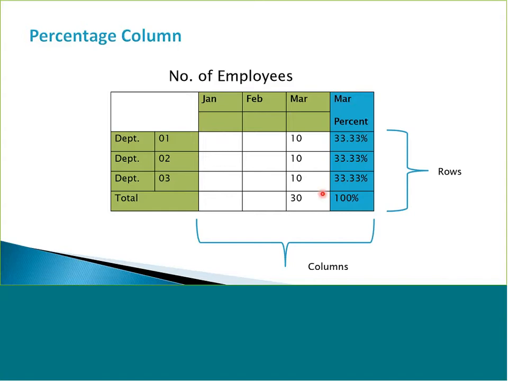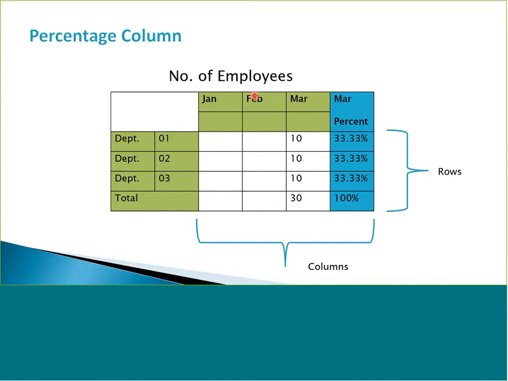In this case, we can assume that March is the period of interest, so that is why we want to see the percentage from the March point of view, or as of March. It can also display the numbers for the previous periods, but for now, let's just focus on March. So try to ignore these two columns.